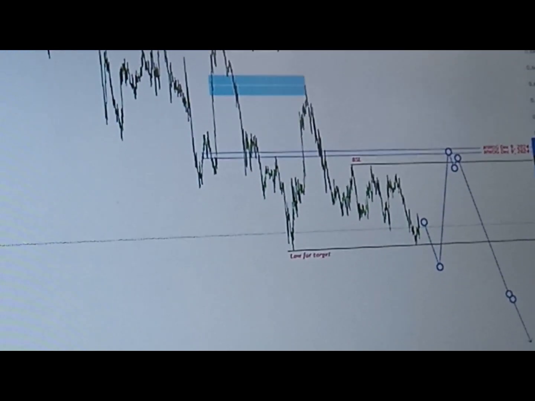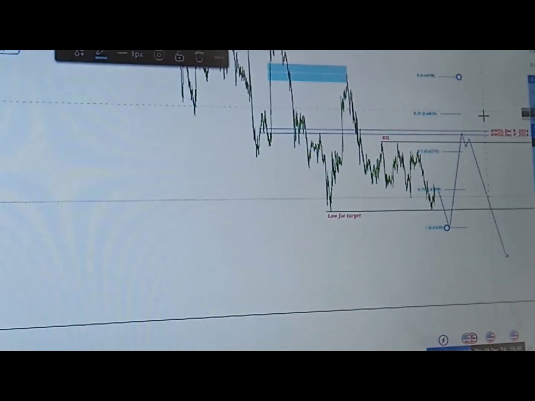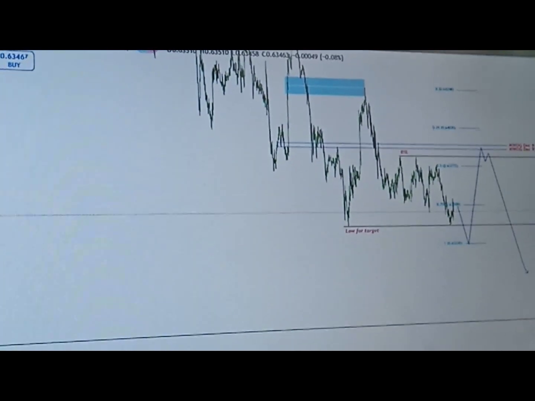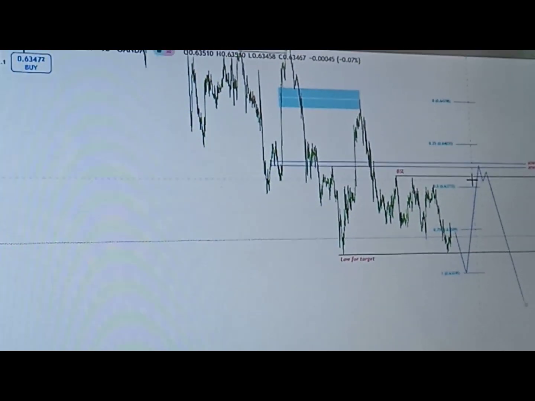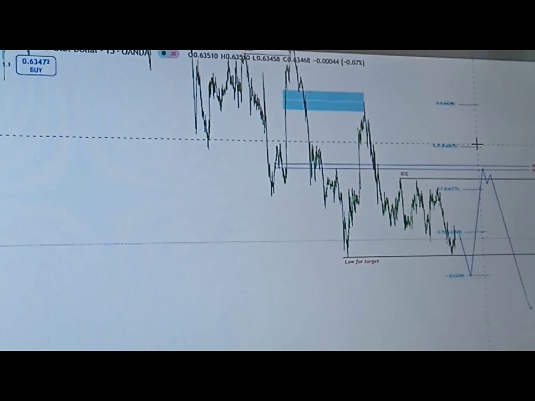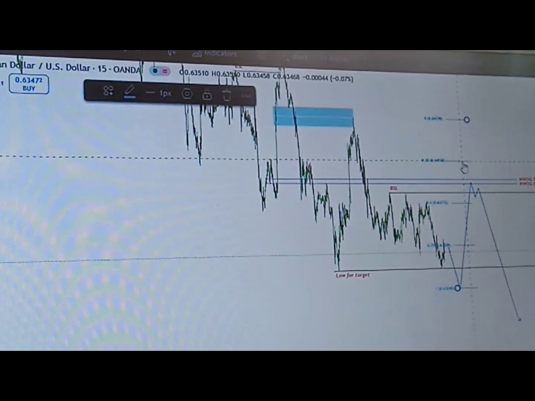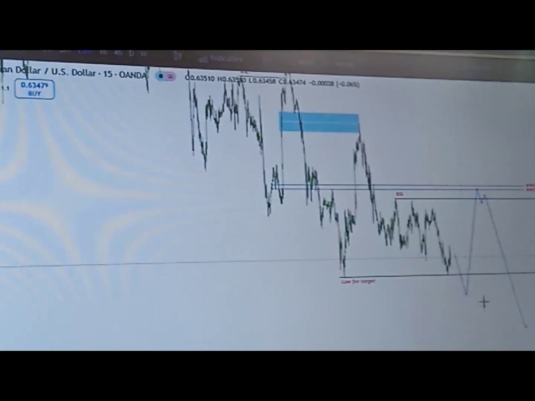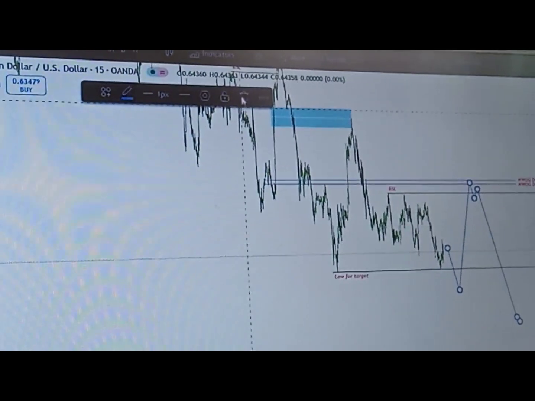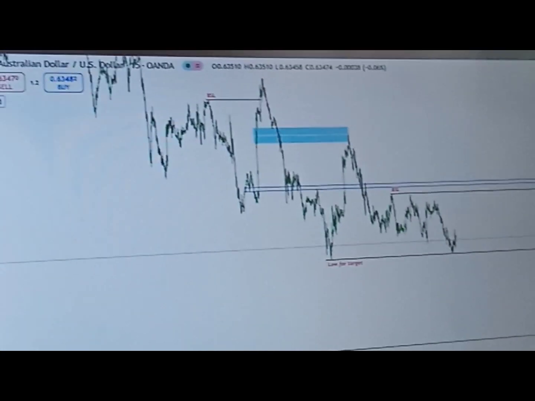Because if I use my fib, this will be the dealing range, and as you can see from the dealing range, this is like an OT entry, around 61% thereabout. So this is like an OT entry. It will make sense to anticipate that. So yeah, that's just what I'm expecting from AU. Nothing much. So see you guys.